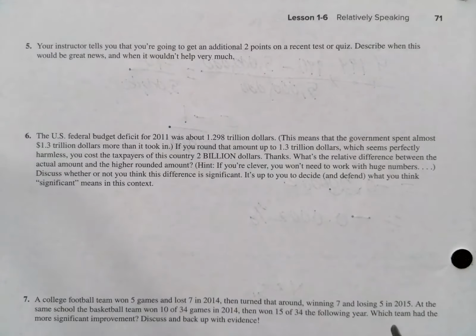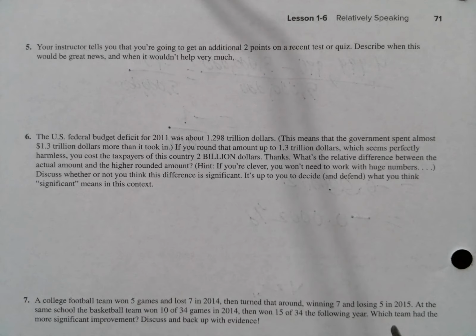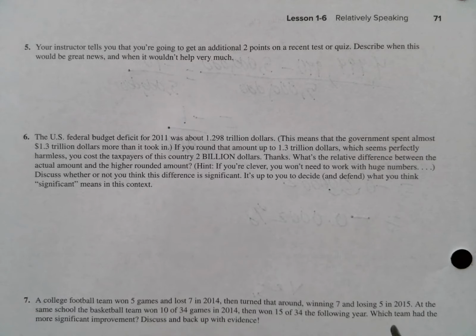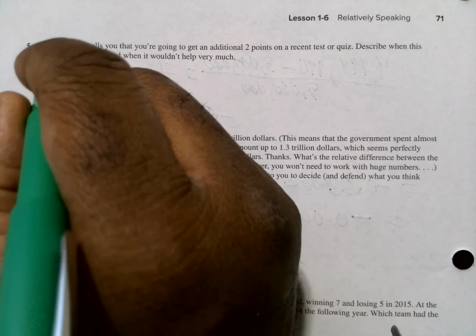With number 5, it says your instructor tells you that you're going to get an additional 2 points on a recent test or quiz. Describe when this would be great news and when it wouldn't help. Okay. Now we know that in this class you need a 70% in order to pass the class.